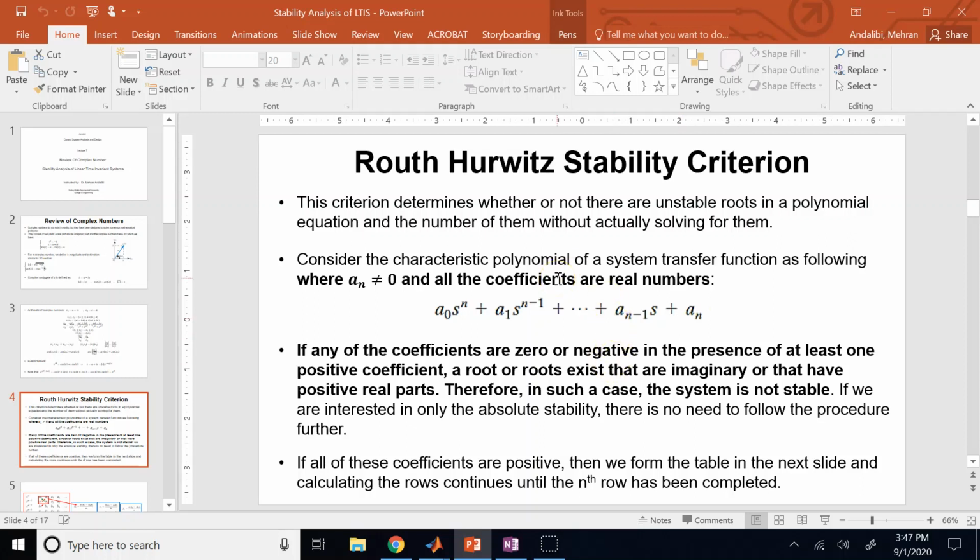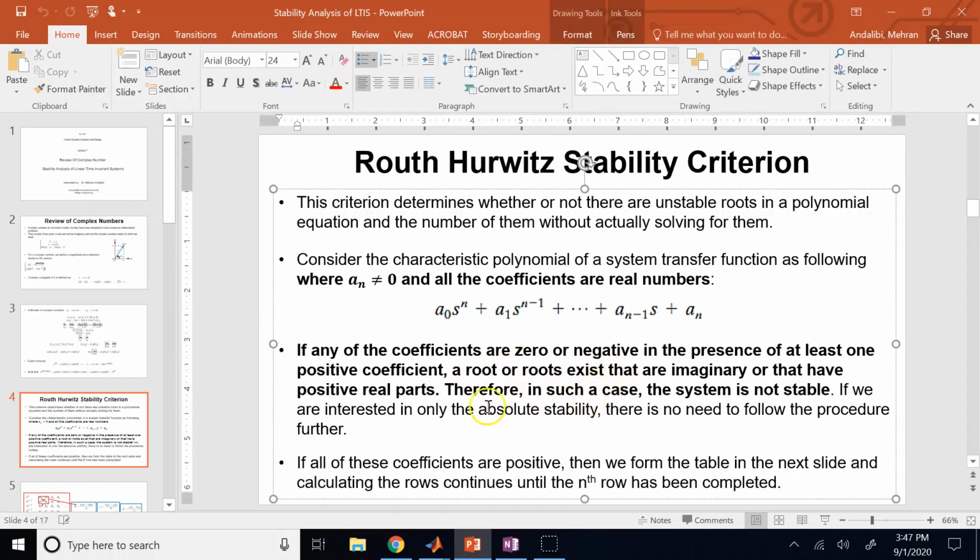So the Routh-Hurwitz criterion says, if these are all real numbers and the constant term is not 0, and if one of the coefficients a0 to an, including an, is 0 or negative in the presence of other positive coefficients, then there are roots that have positive real parts, which means the system is unstable, or they are pure imaginary, which means the system is marginally stable.